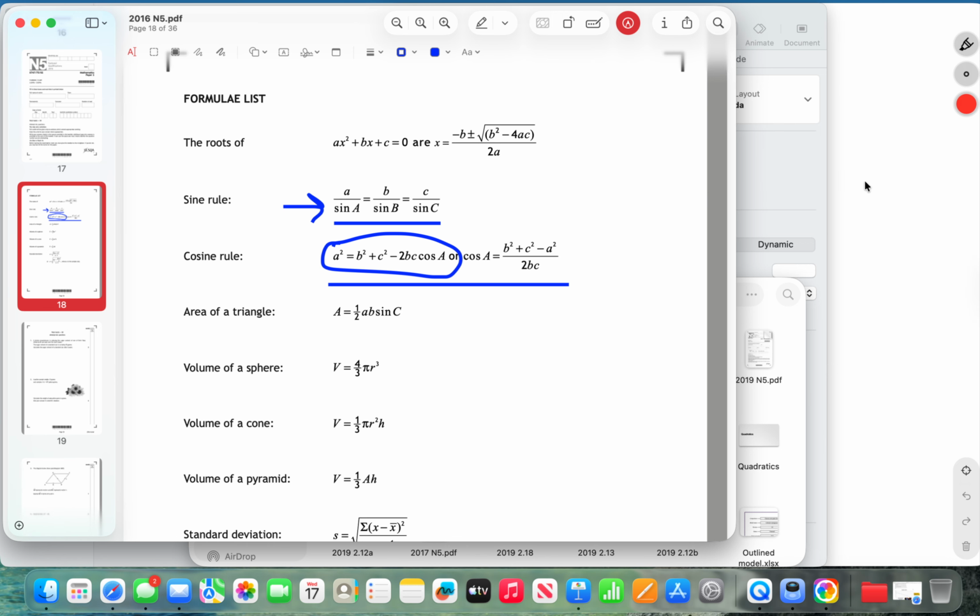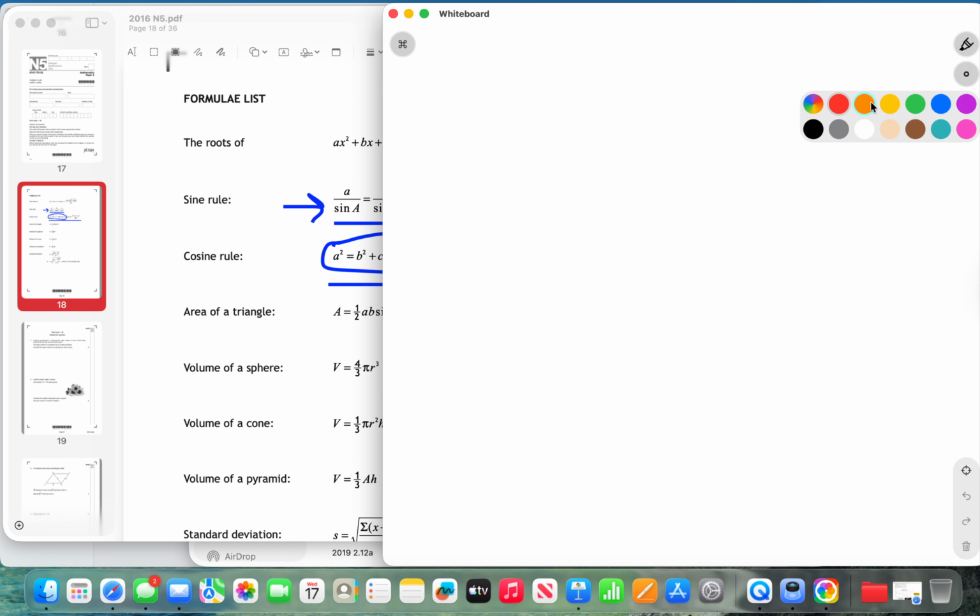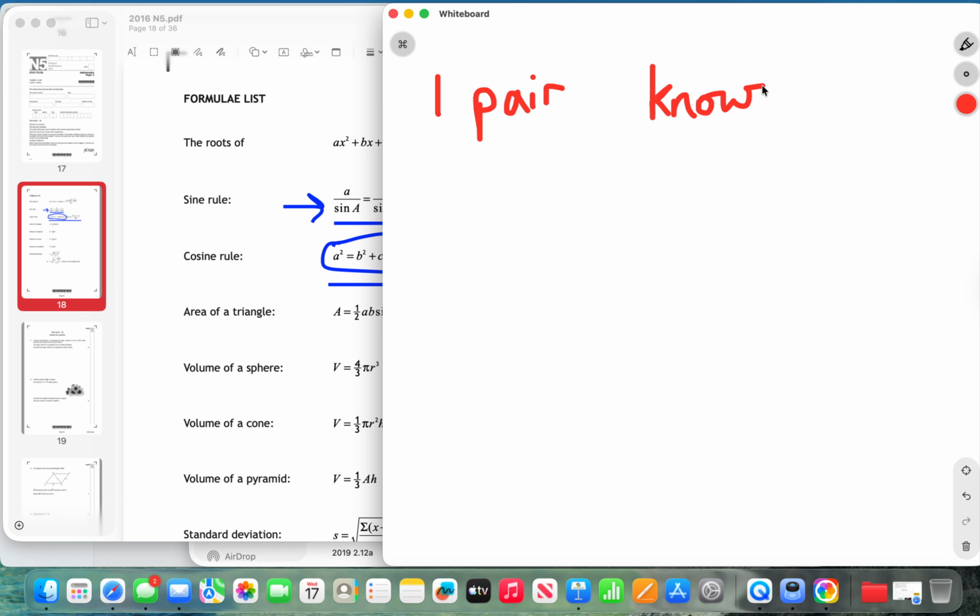There's two conditions in which you can use the sine rule. You need to know one pair of sides and angles, so you need to know a pair of information. I'll explain what is meant by a pair in a second. And you need to either know a side and you want to find the opposite angle, or you need to know the angle and find the side that it's opposite.